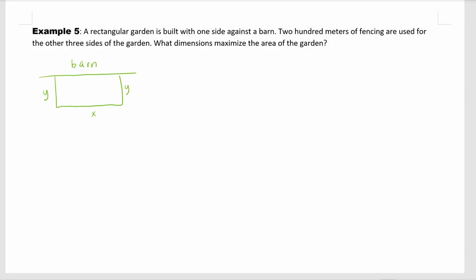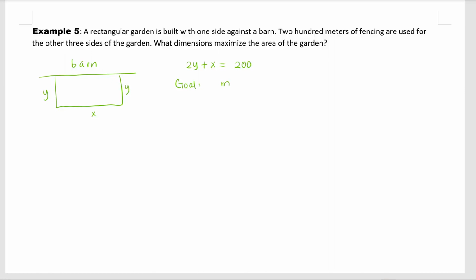And what do we need? So what information do we have? 200 meters of fencing. Fencing is the perimeter, okay? So actually, because here we only need to build 3 sides, that's why 2y plus x is 200 meters. Okay, what is our goal?